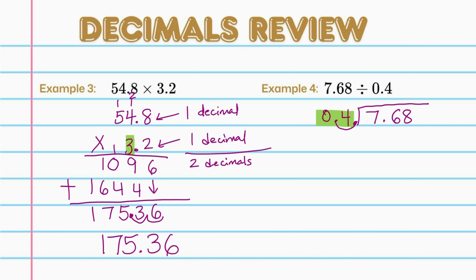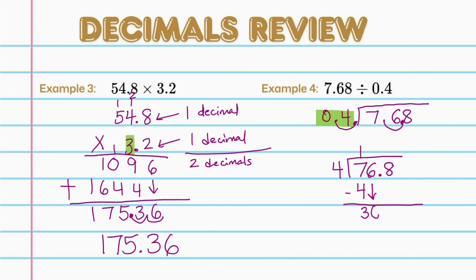Well, if we do that to our divisor, we have to do the same to our dividend. So we also must move that decimal 1 place to the right. If that's the case, so now we have 4 divided into 76 and 8 tenths. So 4 goes into 7 1 time. 4 times 1 is 4, and we subtract. That gives me 3.